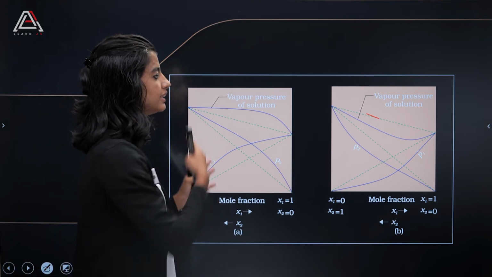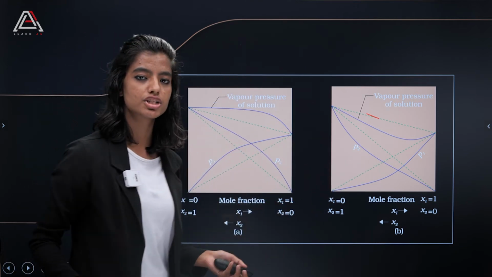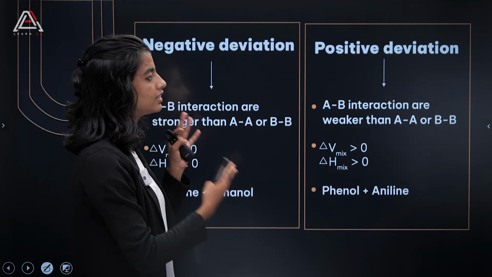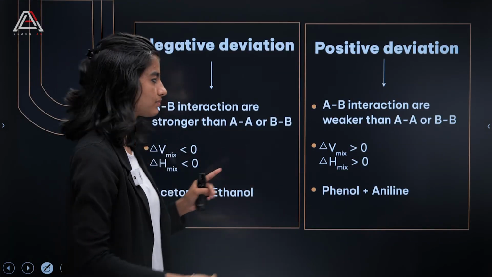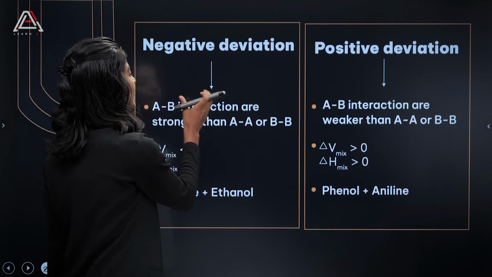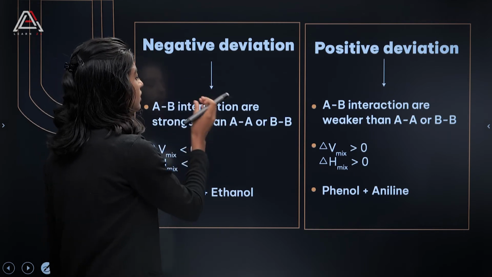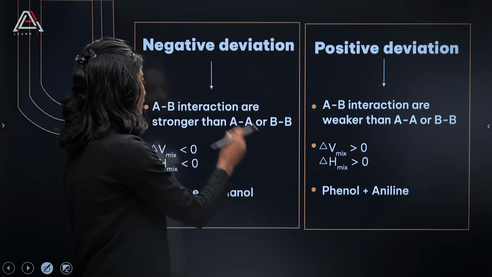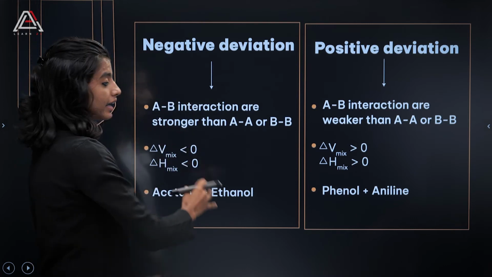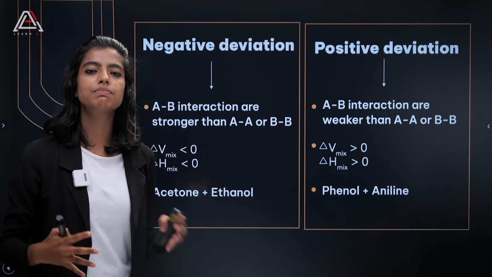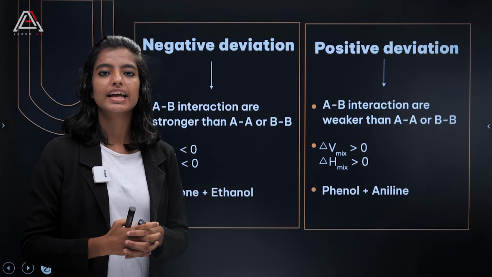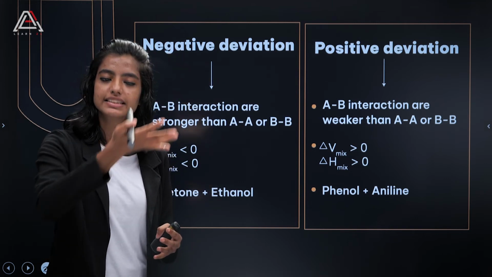That is the positive deviation and negative deviation. Let me show you some points of this negative and positive deviation. First, AB interactions are stronger than AA and BB. Newly formed AB interactions will be stronger. What happens if it is stronger? It cannot vaporize so easily, right?